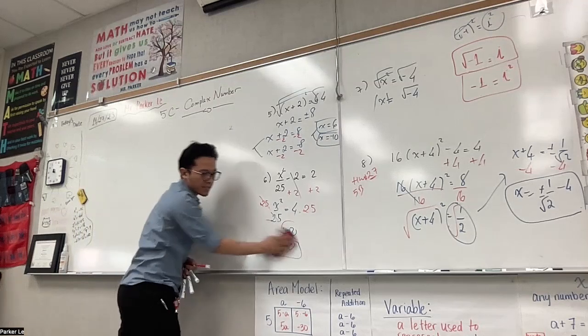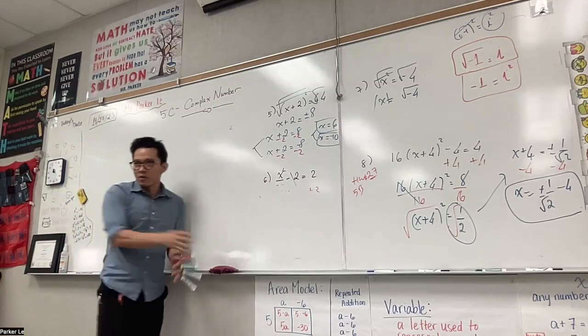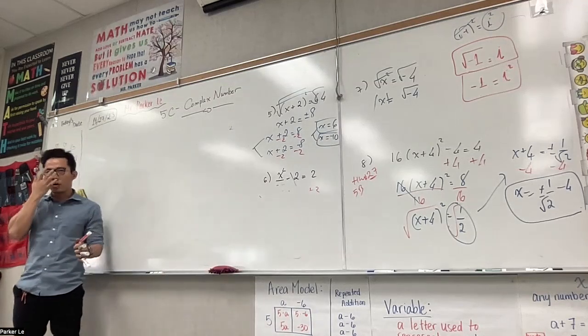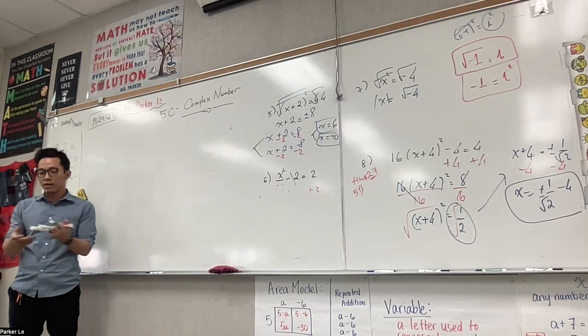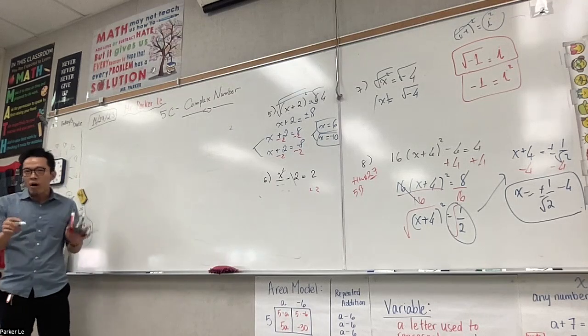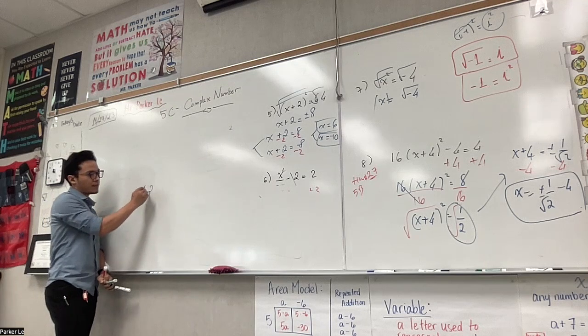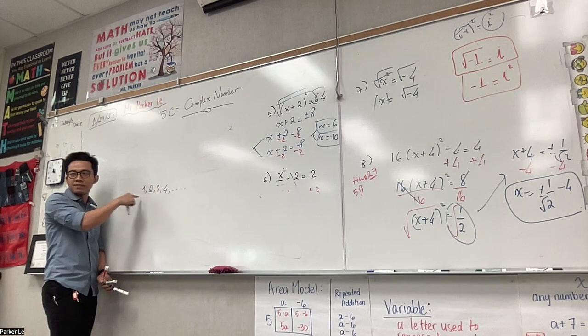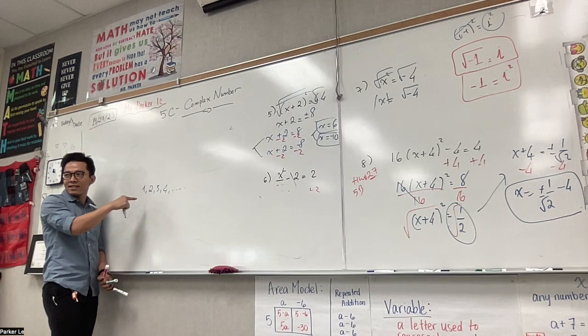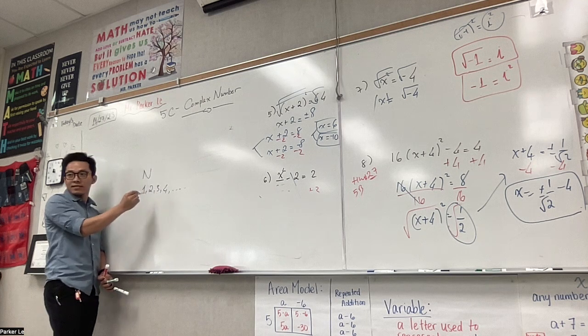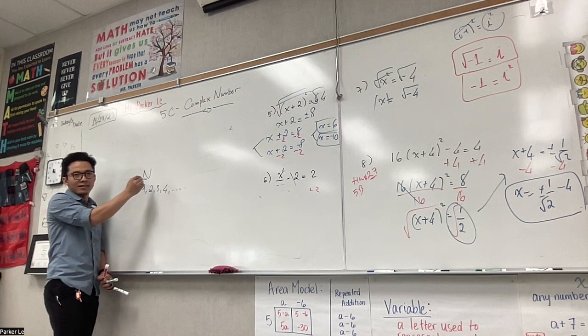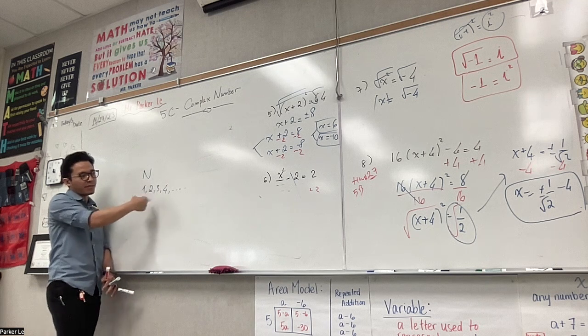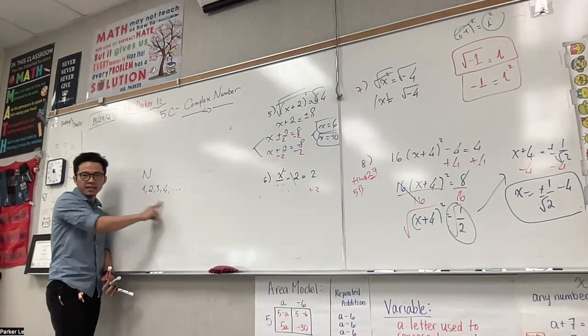Do you know the number system? If you go to calculus or whatever you go to, you still need to know the number system. The smallest number system is 1, 2, 3, all the positive numbers, right? What's the name of this system? The system only includes positive numbers like this.